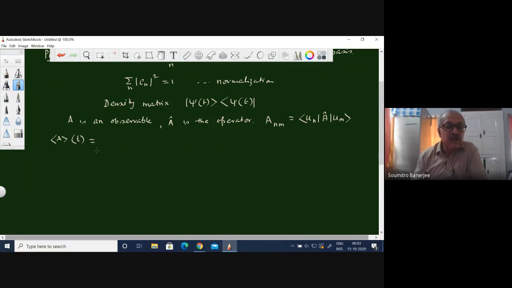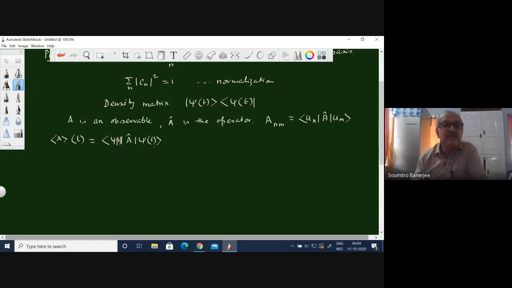So the expectation value of anything, we have already learned, is psi A psi. And in this case, the psi's are actually psi(t), so that it doesn't cause confusion later. These are time dependent psi's, not eigenstates, not stationary states.